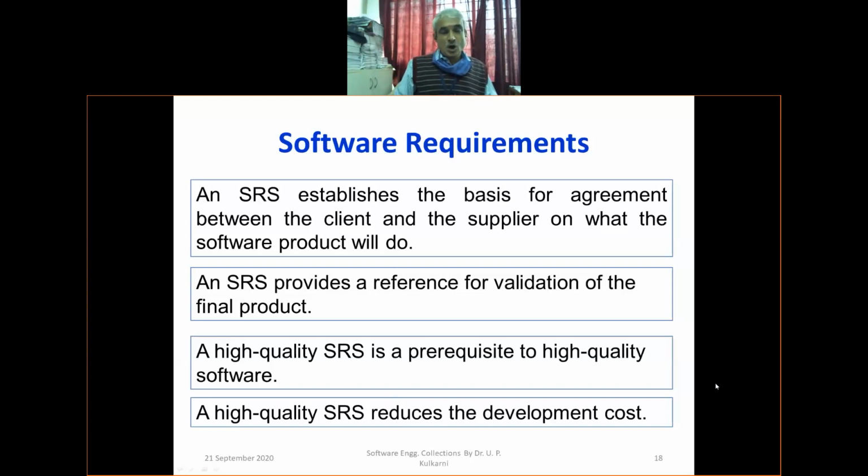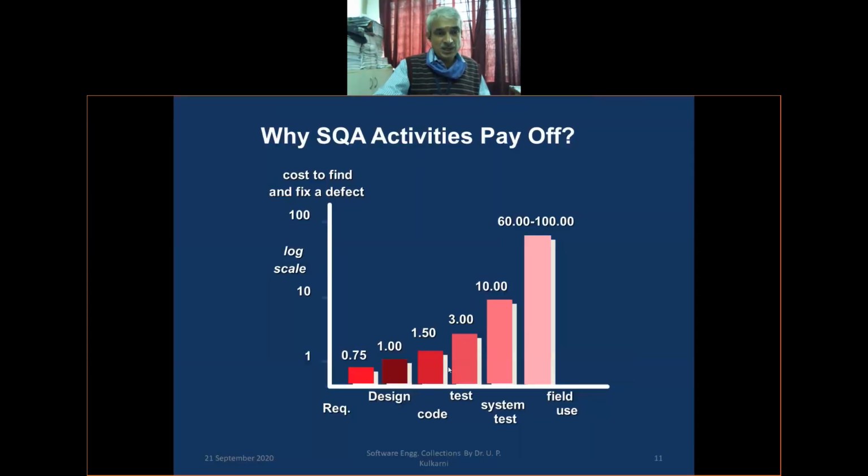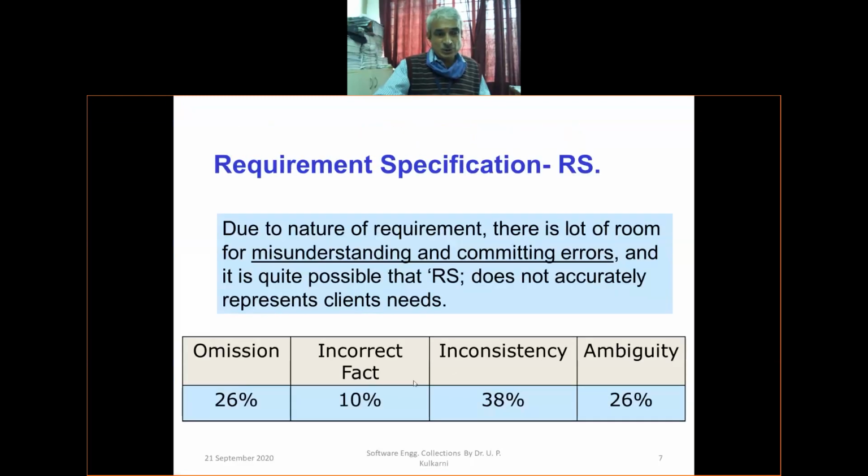One is omission, then free from conflict, then free from ambiguity. These aspects it should be free from, which we have already seen in one of our documents. We will go back and you will collect it. It should be free from omission, free from incorrect facts, and free from inconsistency.